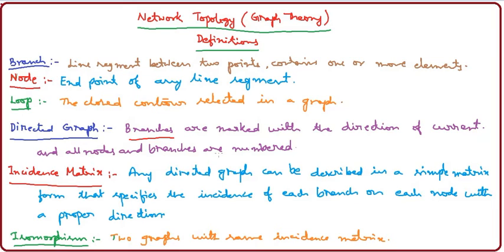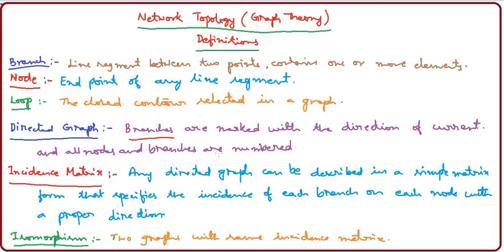Based on the direction in which it is incident on the node, we will give the value, whether it is 1 or -1. If it is not incident on that corresponding node, it will be 0. Those things we will see in the next class.